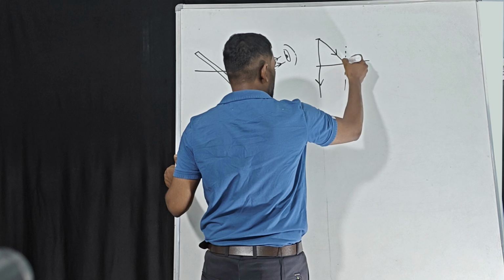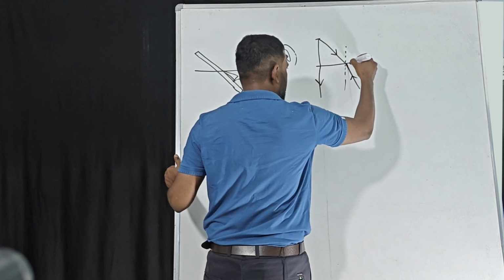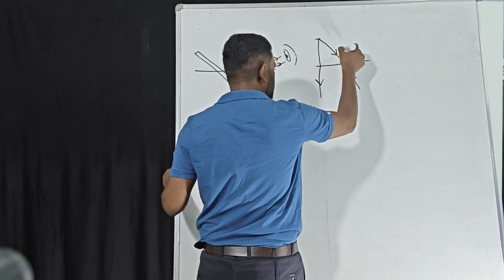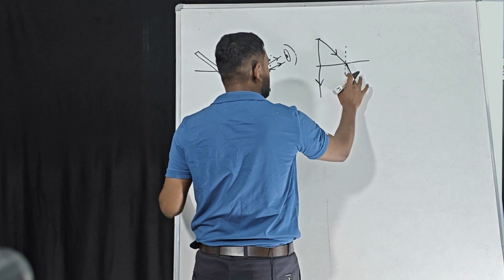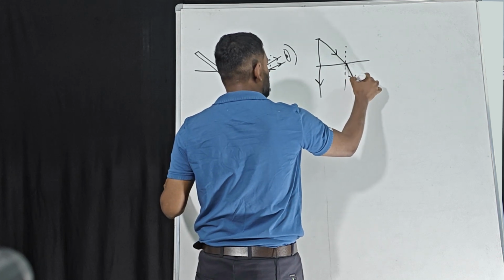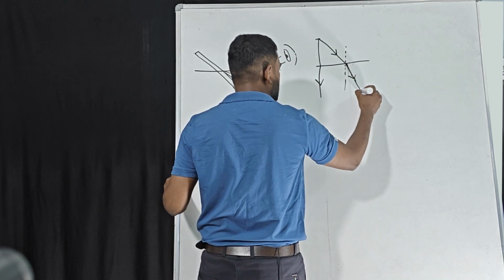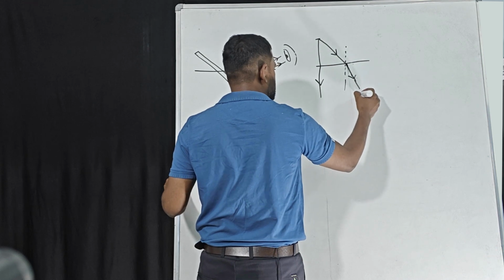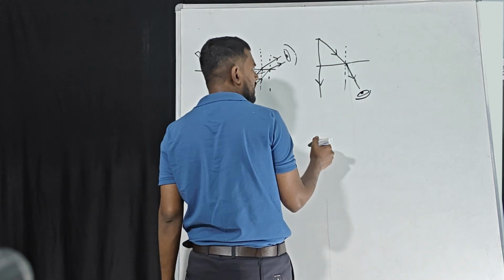If there was no medium change, this light would have passed in this direction, correct? Because of the refraction, it is going this way. See, this arrow mark is also wrong. It should go towards the observer. Assume the fish or some person is in the pond, they can see the rays like this.